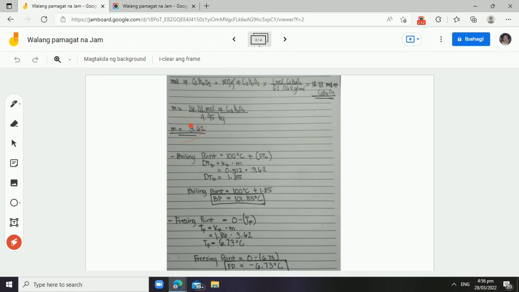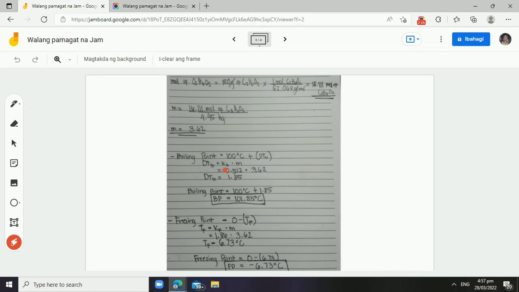First, boiling point muna. In this problem, our solvent is water, which has a boiling point of 100 degrees Celsius, plus yung boiling point elevation, ito yung dTb. With that, ang formula natin sa boiling point elevation is boiling point constant multiplied by molality.